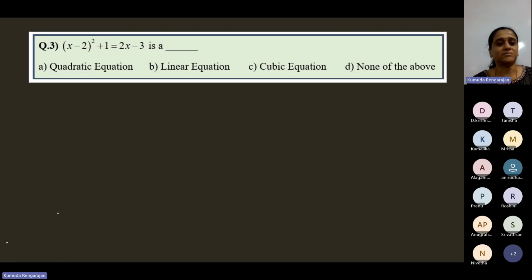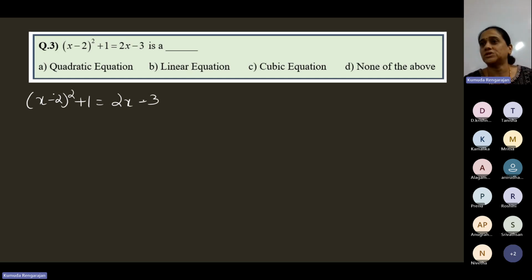Actually, you're not supposed to do that. It's not this 2 which decides. You have to work. Swati, you said first and then you changed your answer. So always simplify the equation, children. Don't look at the equation and comment. We have (x minus 2) whole squared plus 1 is equal to 2x minus 3.